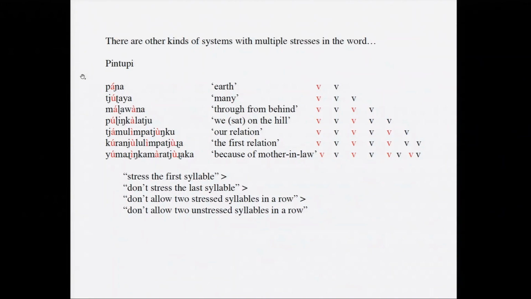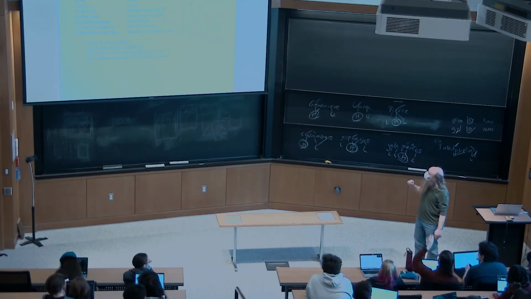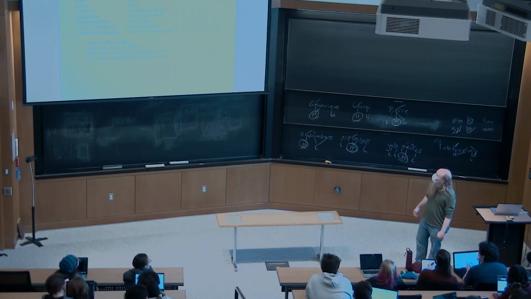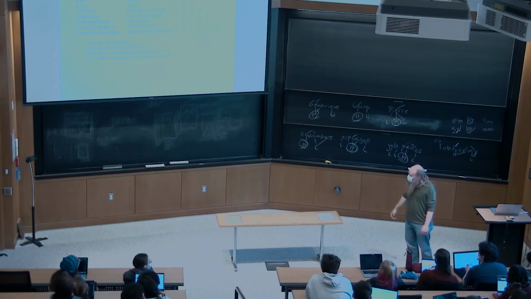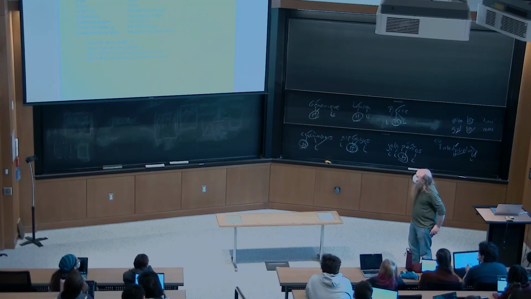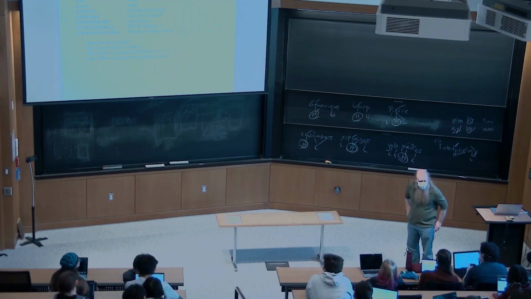How come we go through these 4 different rules as opposed to just declaring stress every other syllable, starting from the left edge? Why am I trying to decompose this into constraints like this? I guess, in part, it's an attempt to constrain the kinds of stress systems that we could find.